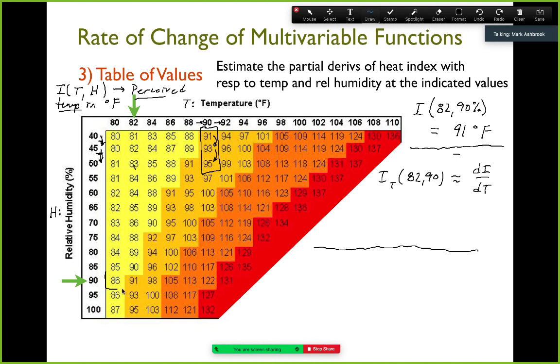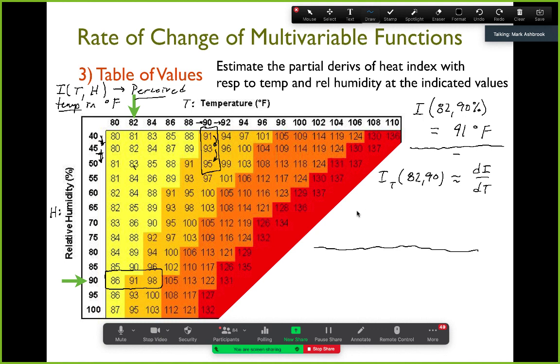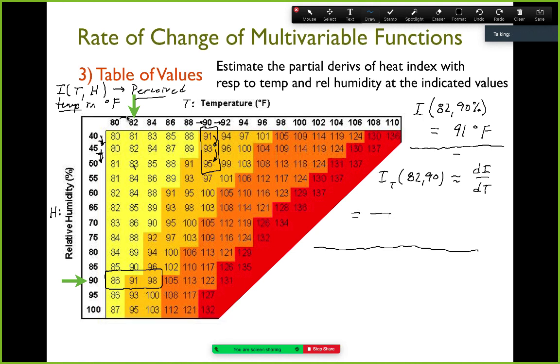And then what changes in temperature are we kind of locked into here? The change in temperature is 2. And then there's a change of 5 and a change of 7. So a change of 5 in index on the left side, a change of 7 on the right. So 6. So 3 degrees Fahrenheit per degrees Fahrenheit.